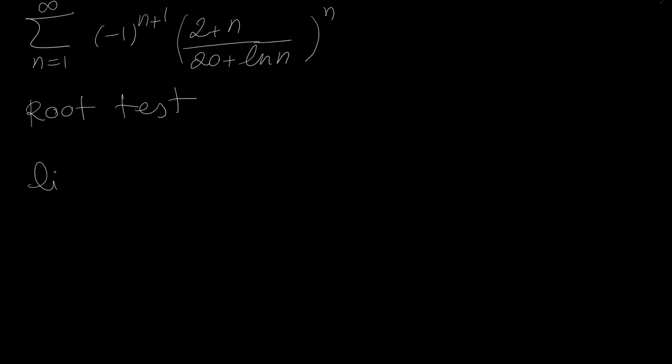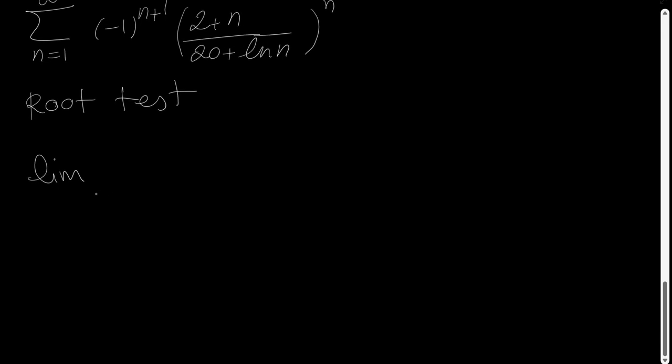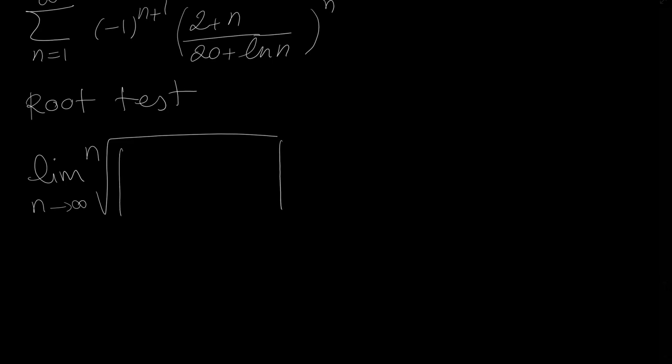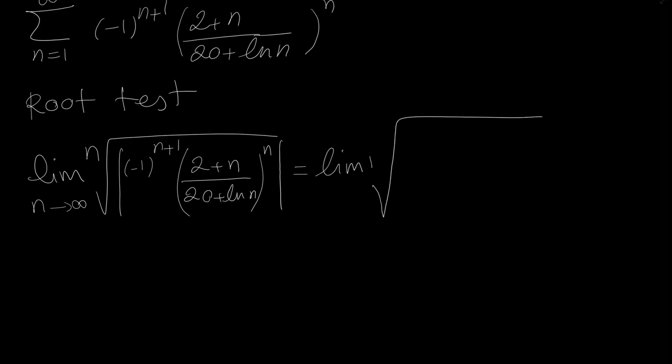By the root test, I'm calculating the limit of the nth root of the absolute value of a_n, which is (-1)^(n+1) and (2+n) divided by (20 + natural log of n). So let's separate them and write it as the absolute value of (-1)^(n+1) and the absolute value of (2+n) over (20 + natural log of n) when n approaches infinity.